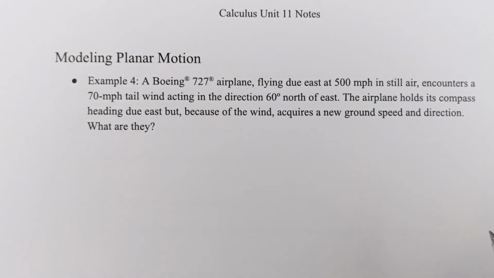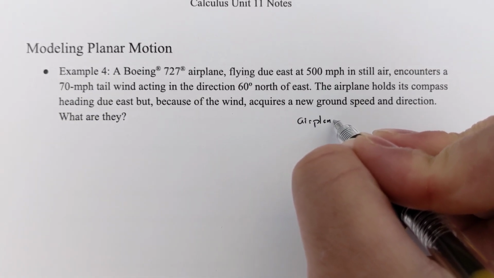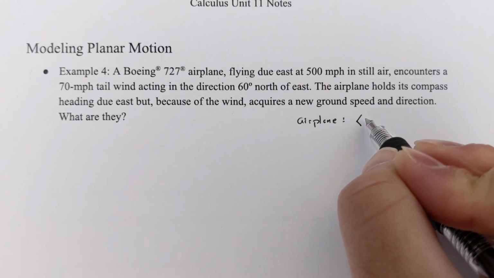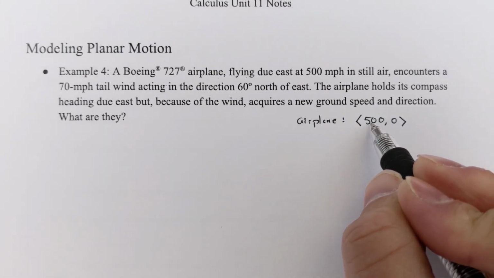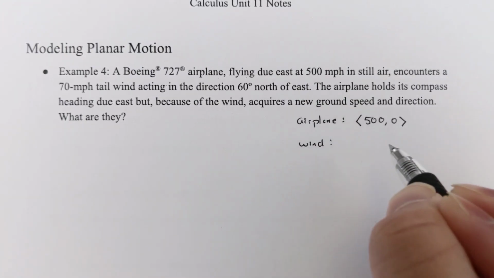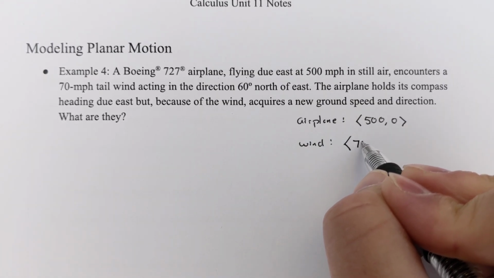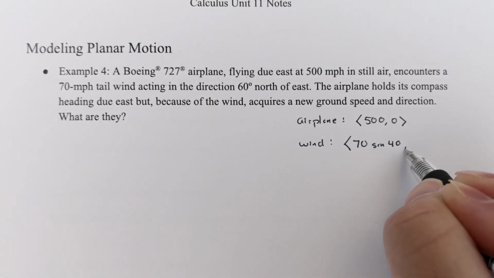So what we've got here is we need the component forms of our vectors. So for our airplane, the airplane is flying due east, so that's in the positive x direction, so 500, 0. The wind would be, the vertical amount would be 70 times the sine of my angle.